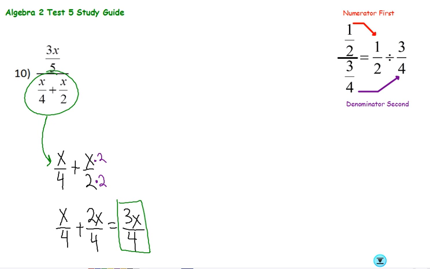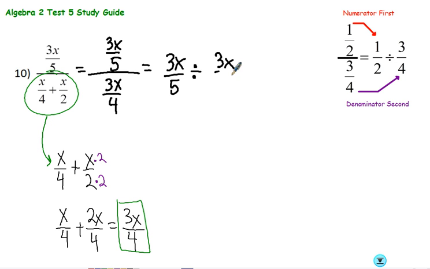Now again, that's not my final answer. What I can do is come back up over here and rewrite it. If you wanted to, you could rewrite it this way too. You could say 3x over 5 divided by 3x over 4, because I simplified that first part of it. Now let's unstack it. The first fraction, the numerator, goes first: 3x over 5 divided by the second fraction, 3x over 4.